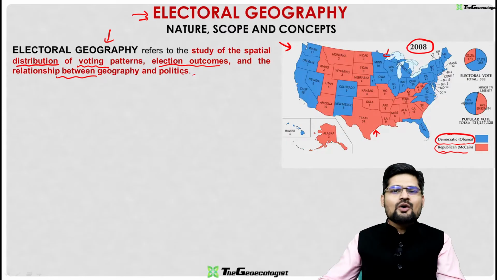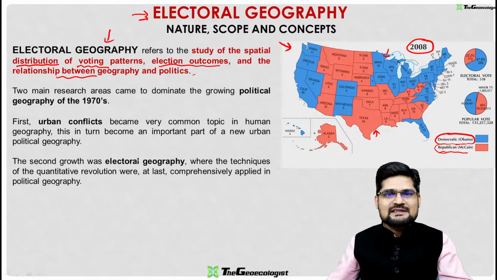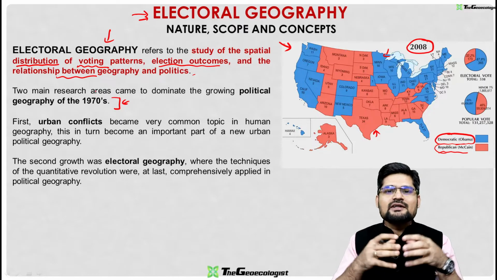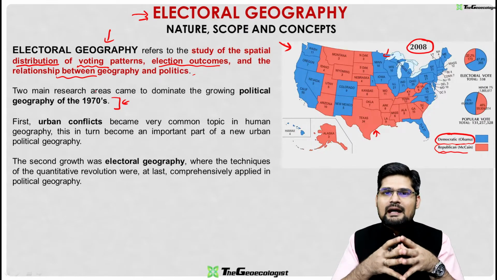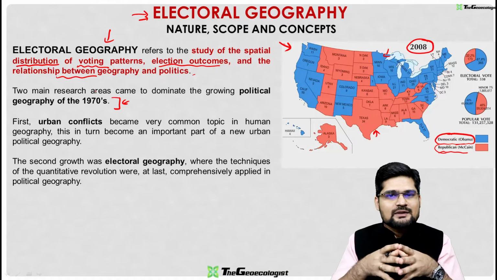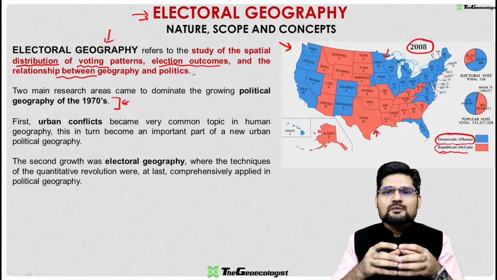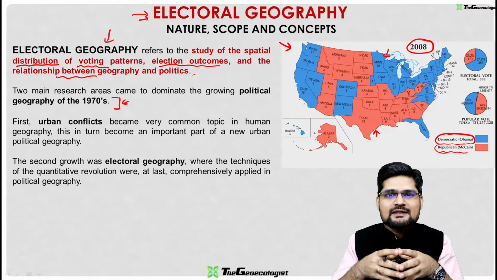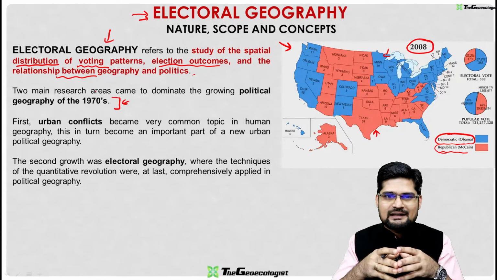When we look into the evolution of electoral geography, we understand that a change came in the 1970s after the Cold War, the Vietnam War, and the changing political dynamics of the world. More importance was given to political aspects and geopolitics, especially in human geography and political geography in the 1970s.